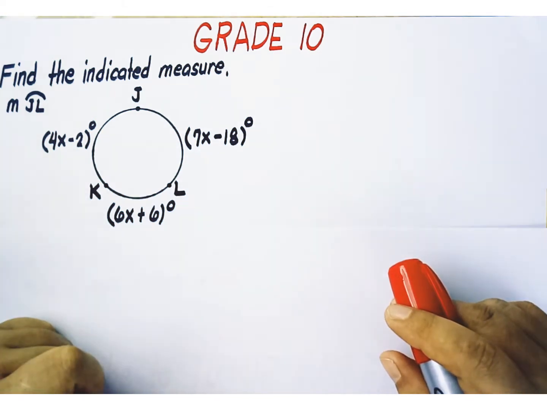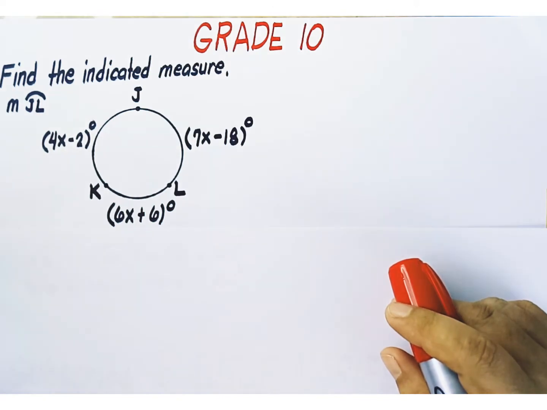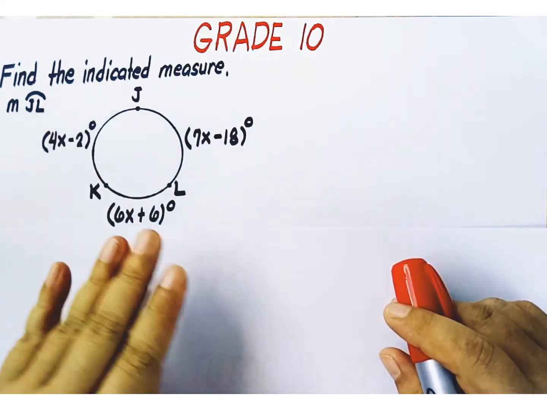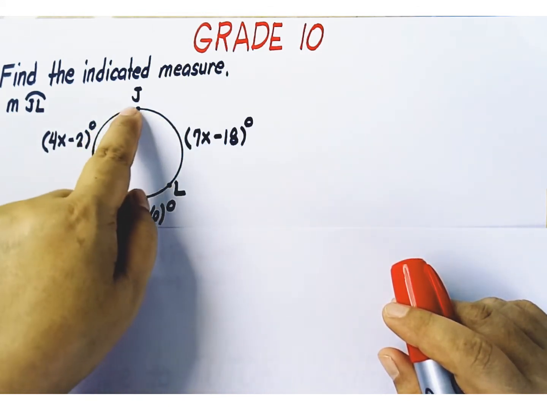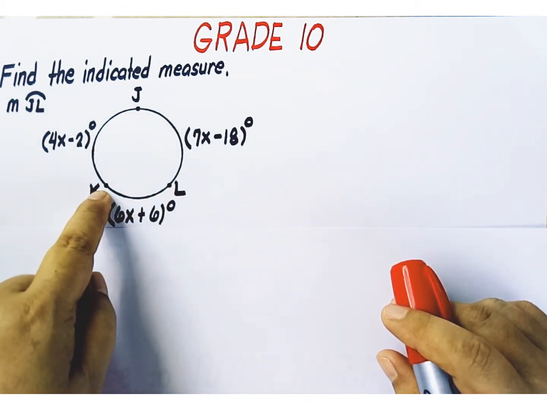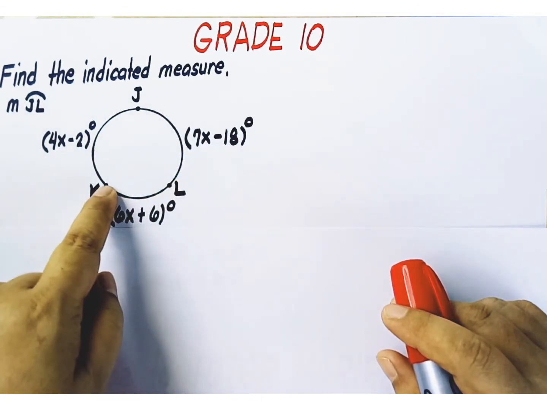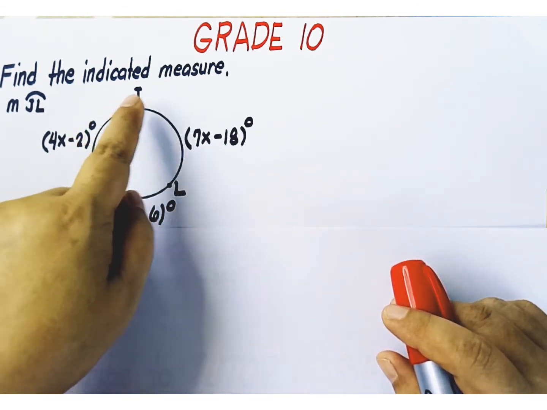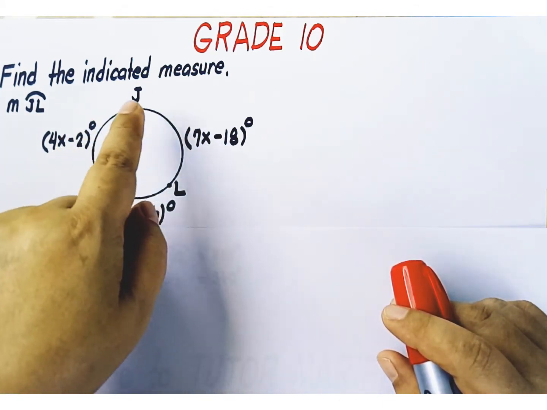So we need to form a working equation involving x. Notice that the circle is divided into three smaller arcs: ArcJL, ArcLK, ArcKJ. If we add up the three smaller arcs, we get a full circle or the circumference of the circle.